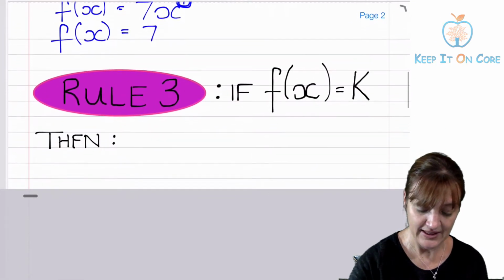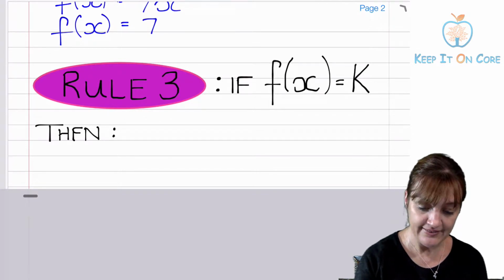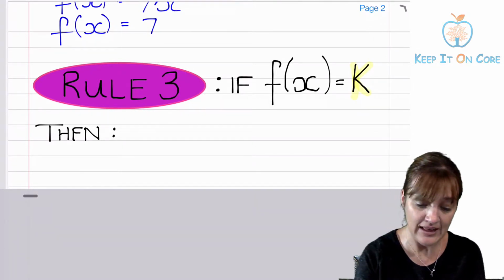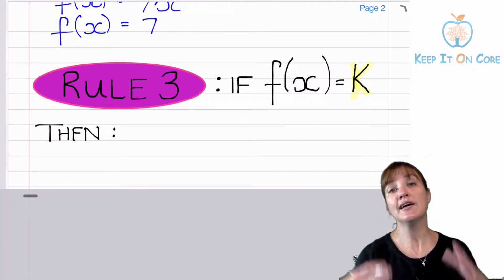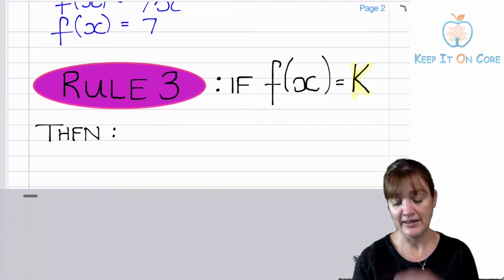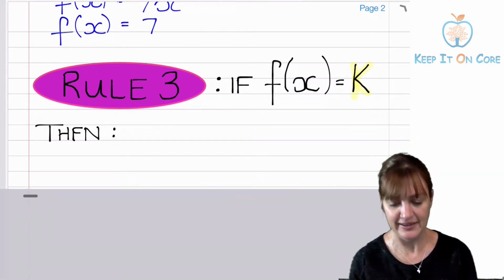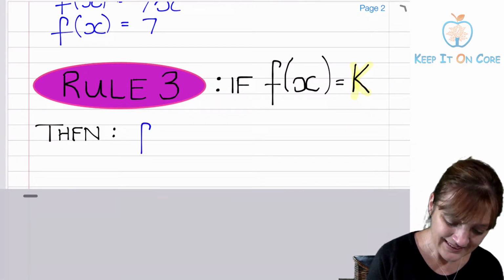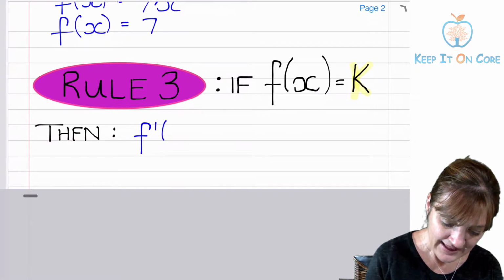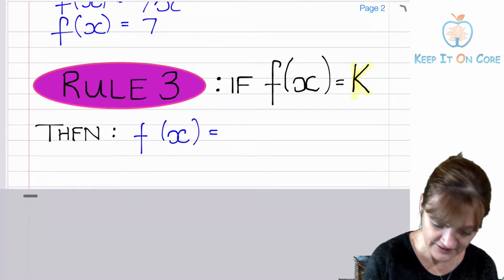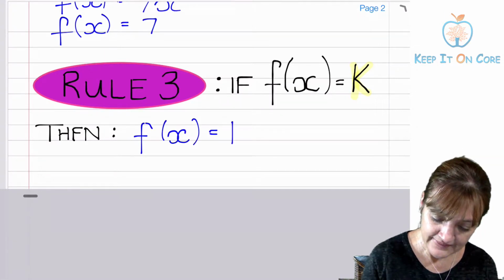Then rule 3 is if I've got the coefficient k, but there's no x. In other words, k is what you call a constant term. What happens to that if I'm finding the derivative, but there is no x? Let's look at it like this. Just f of x equals k.